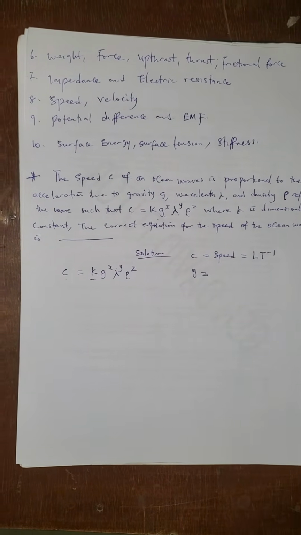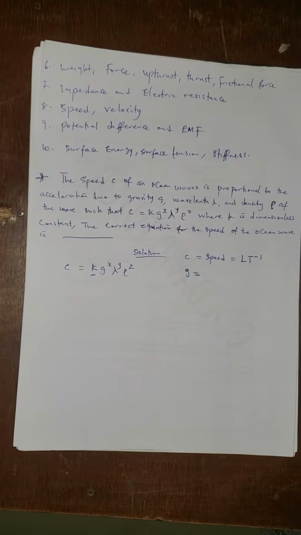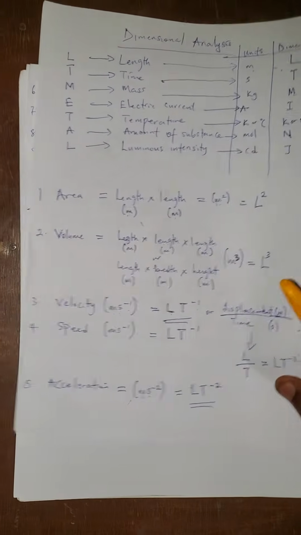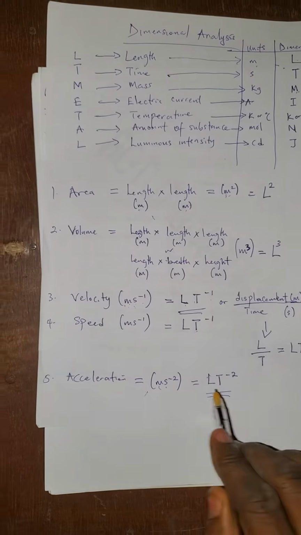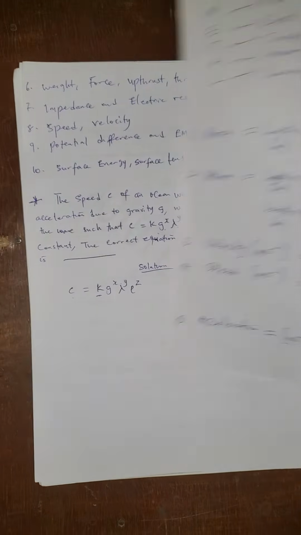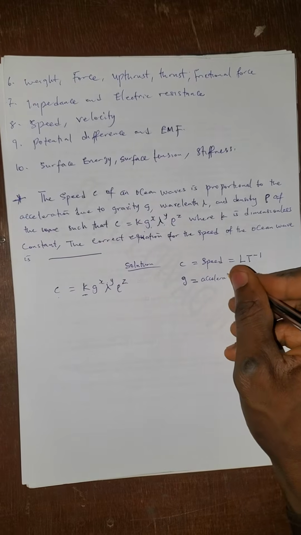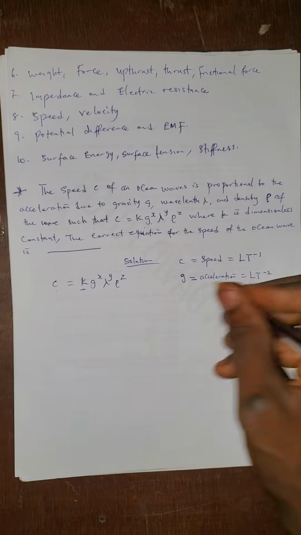G is acceleration due to gravity, and speed is LT raised power minus 1. Acceleration is LT raised power minus 2. That's it, we don't need to waste our time. So acceleration is g, and that's LT raised power minus 2.